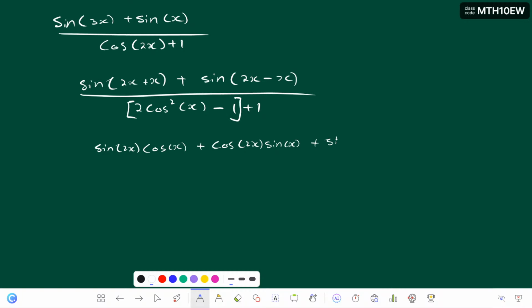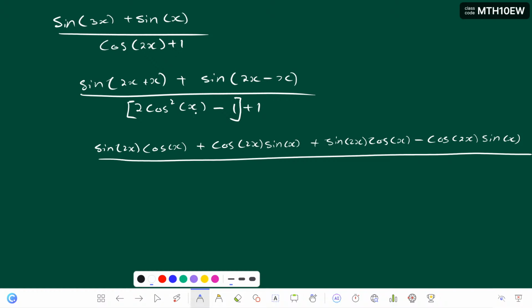So it's the same thing as sine 2x cos x minus cos 2x sine x, right? So then this one, I can remove this, is the same thing as 2 cos squared x. So okay, let's collect the like terms.